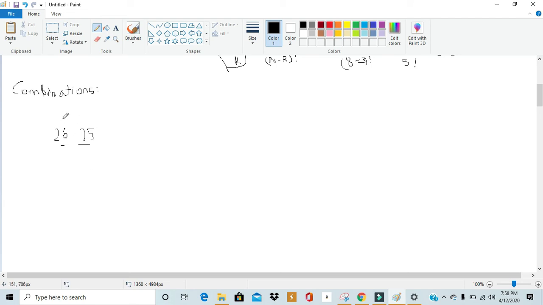However, this would take account for cases like if we had A and B, or B and A. In the case of choose, we don't really care what order we get them in. We don't care if we get an A or B or A. We just want to know how many different pairs of 2 we could get, like whether it be AB or AC. We don't really care about what order they come in.